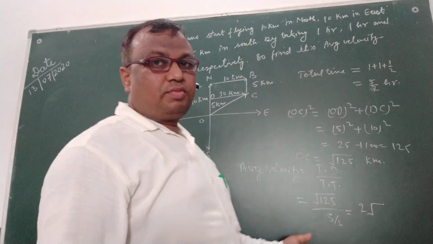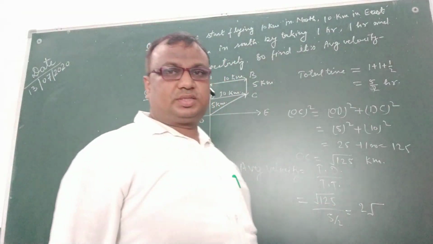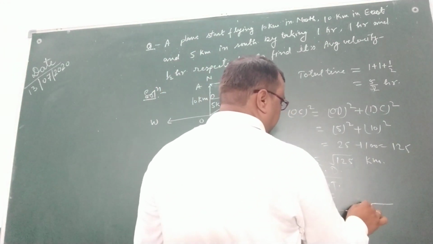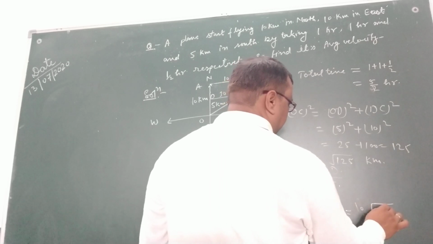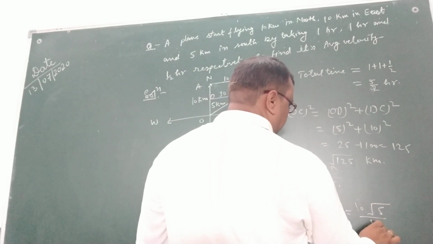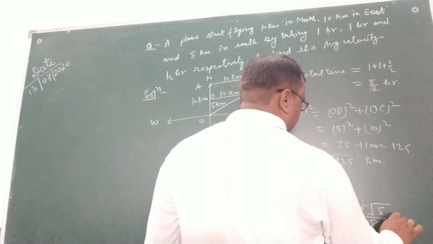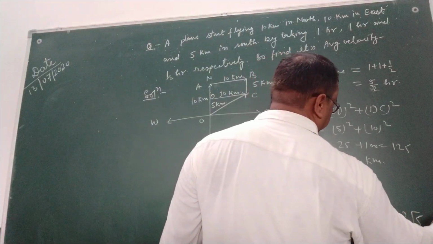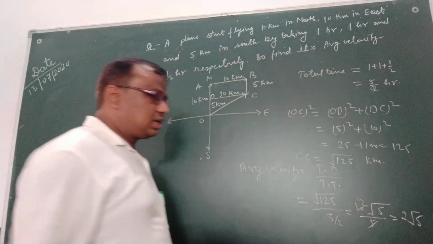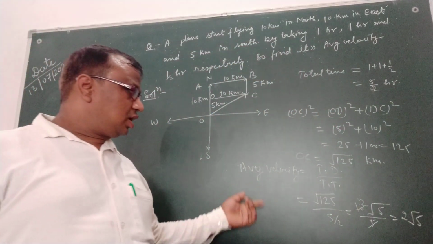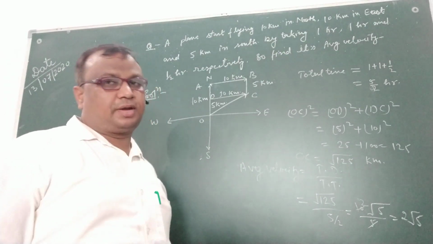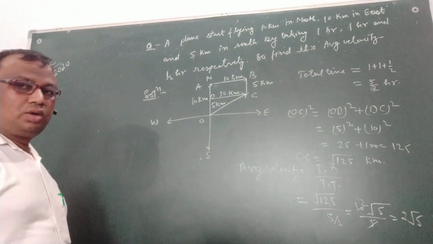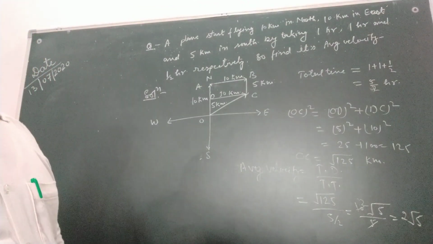By solving, 125 is 5 to the 10, you can say 5 times 10 into root 5 upon 5, so it is 2 root 5 meter per second. So the answer is, average velocity is 2 root 5 meter per second. Okay. Note it down.